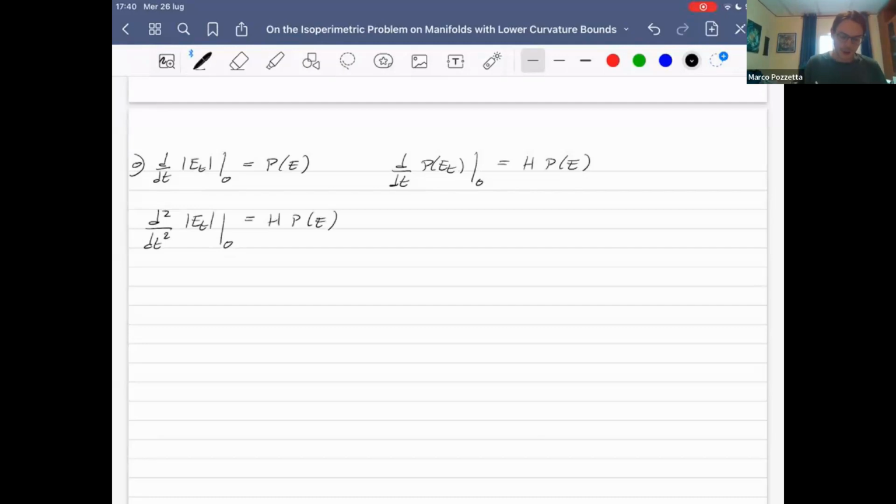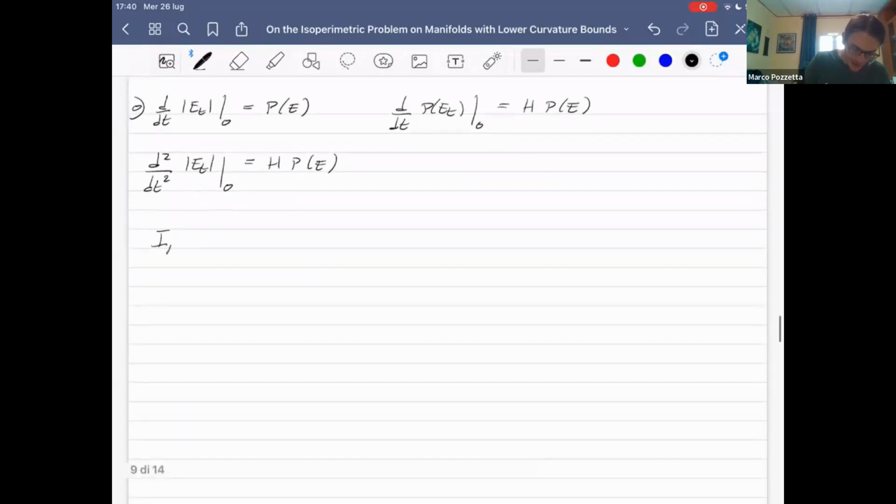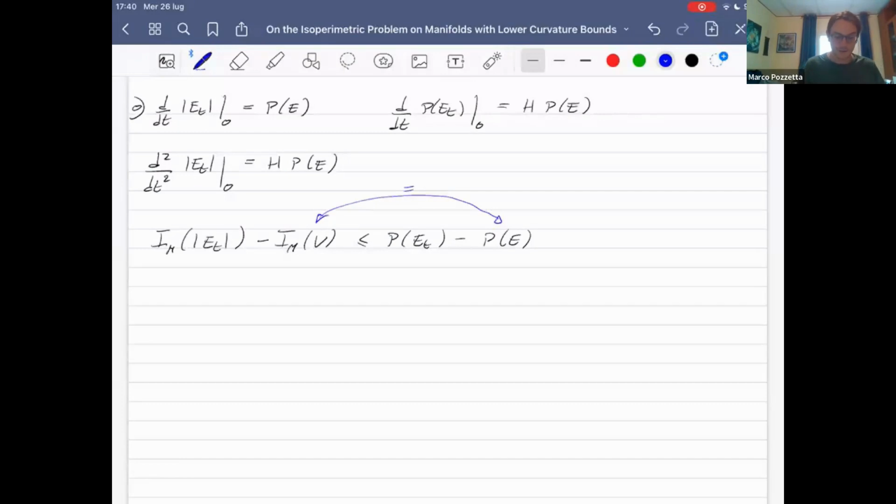So these were computations, and maybe a last computation number 0 is the following observation I made above. The profile I_M at the volume of E_t, minus I_M at the volume V, is less than or equal to the perimeter of E_t minus the perimeter of E, right? Because these two are equal, since E is isoperimetric for volume V, while this is the dumb inequality by definition of the profile as an infimum.